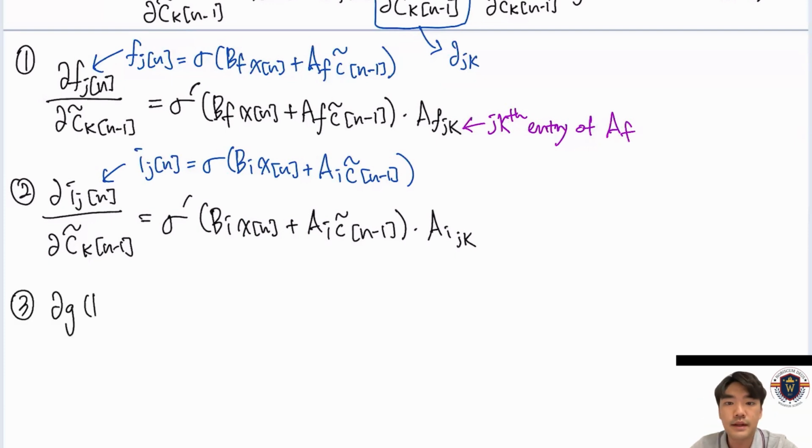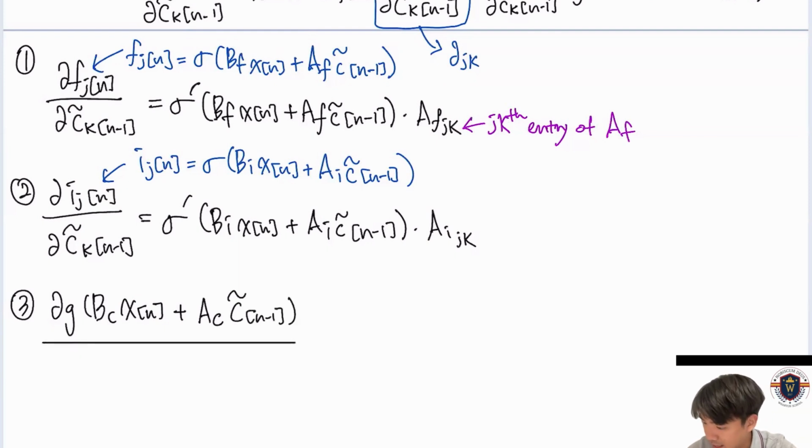And we can write this as the derivative of the sigmoid function of Bi Xn plus Ai C tilde n minus 1, multiplied by Ai, the jkth entry of Ai.